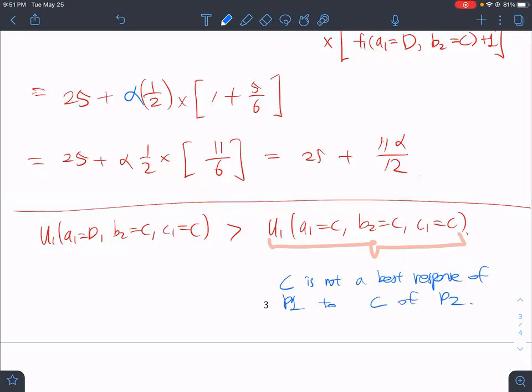So when player 2 plays C, C for player 1 is not a best response.